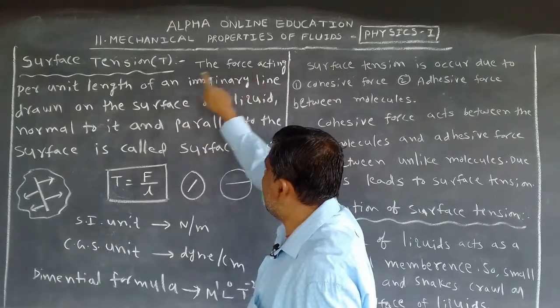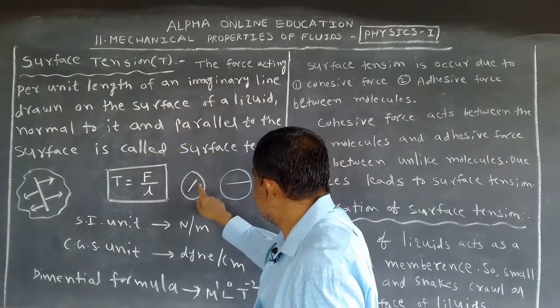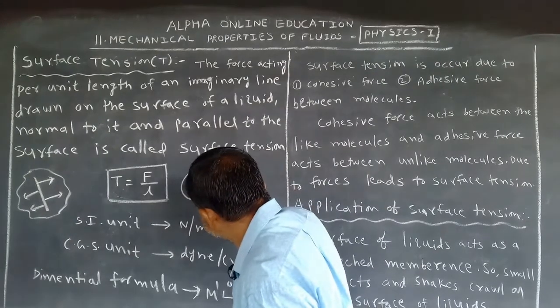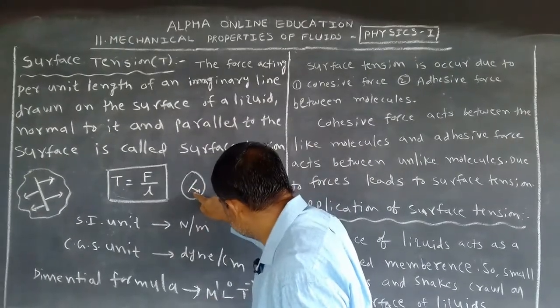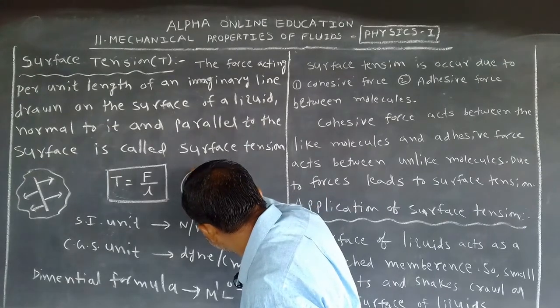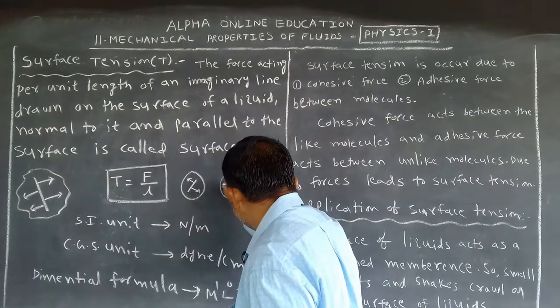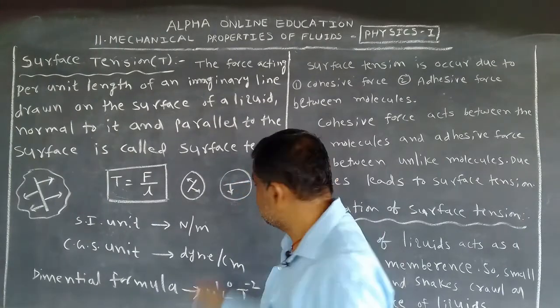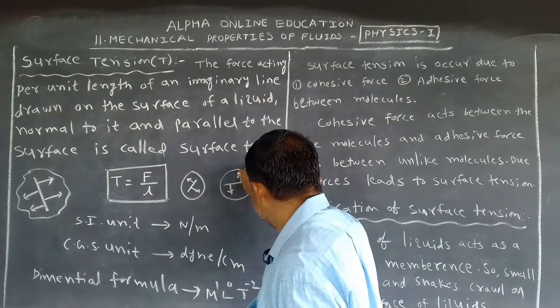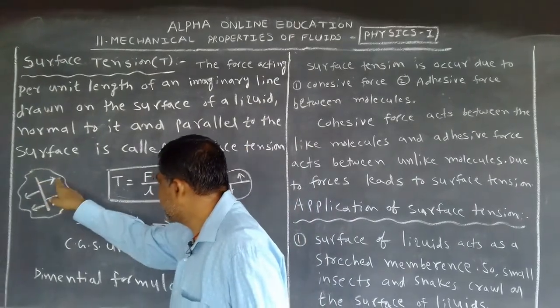The force acting per unit length, this is the length. One force acts per unit length, normal to this. This is the force. It is also normal, perpendicular. You take this one imaginary line. Here one force acts normal to this, normal to this, normal to this.